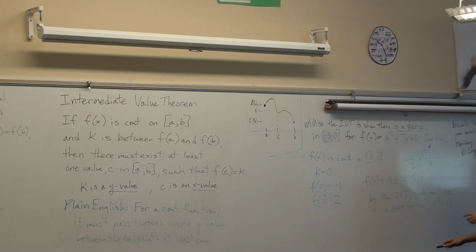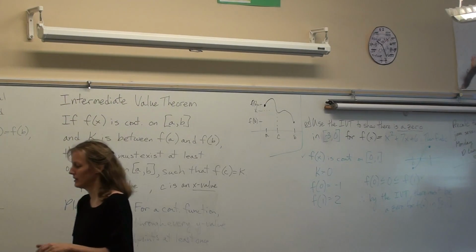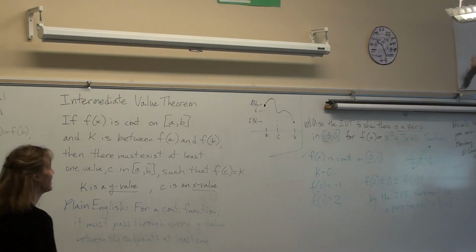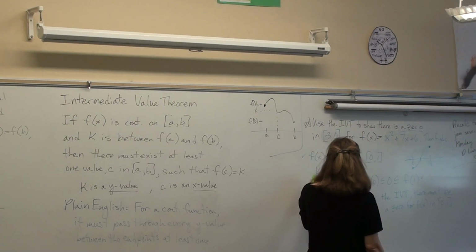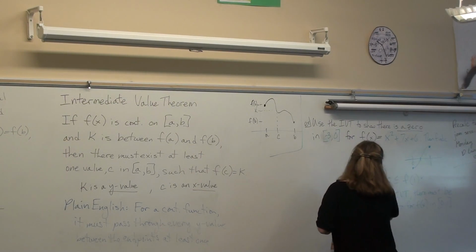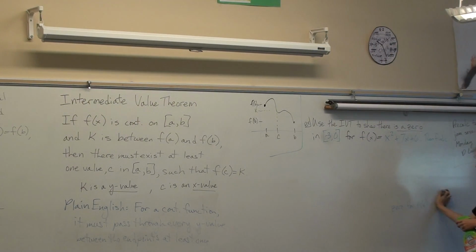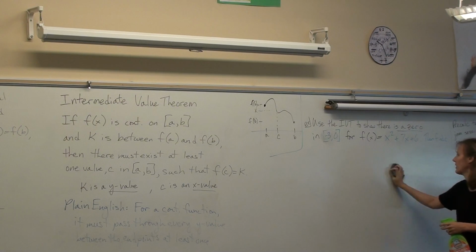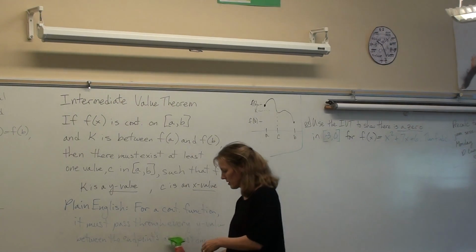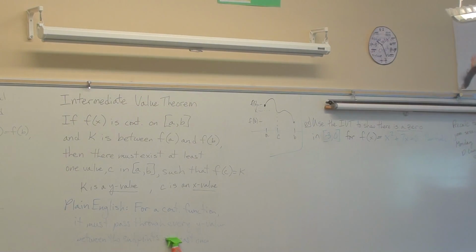Okay, so use the IVT to show that there is a 0 in the interval from -3 to 0 for the function f of x equals x squared plus 7x plus 6. Then I want you to actually find C. Take a second in your groups. Make sure you write down your two conditions that have to be checked, write your answer, and find C. You can all write your first condition without really thinking a whole lot.